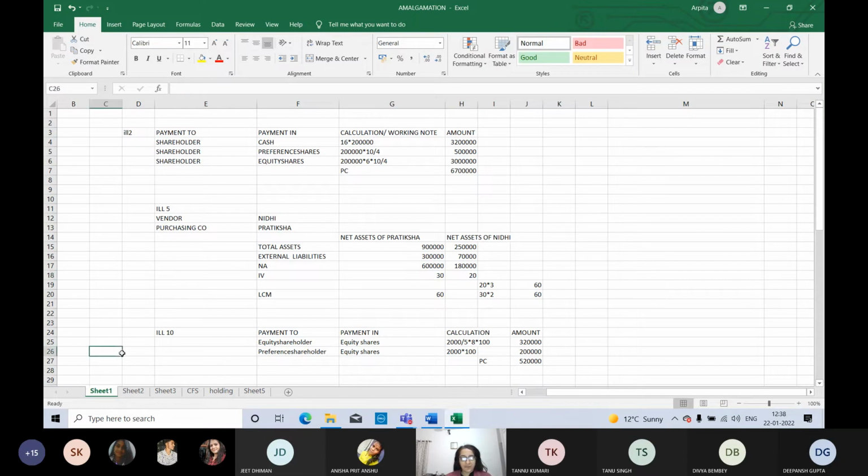If you will just make the format for it, I'll do it with you. Payment to, then payment in, then the calculation, and then finally the amount.